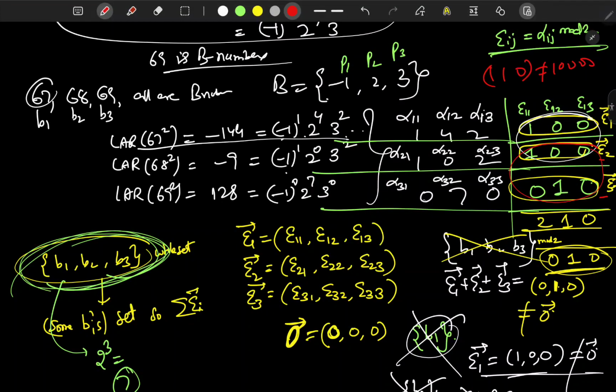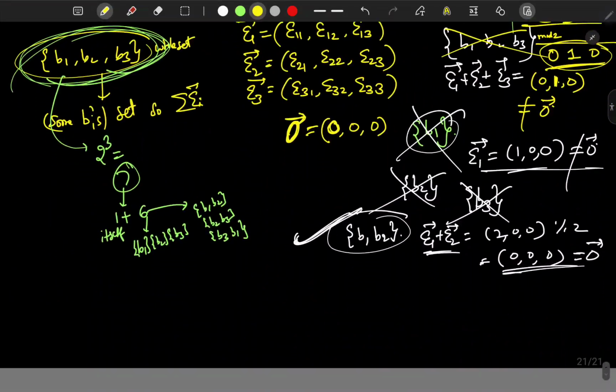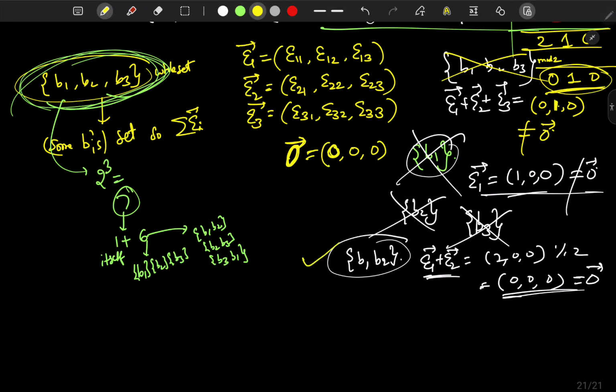If you take B1 and B3, add them up, and 1 1 0 is not equal to 0 0 0. So finally the only selected list is B1, B2. This is very important. From now on we forget the other sets and our only focus is on B1, B2.